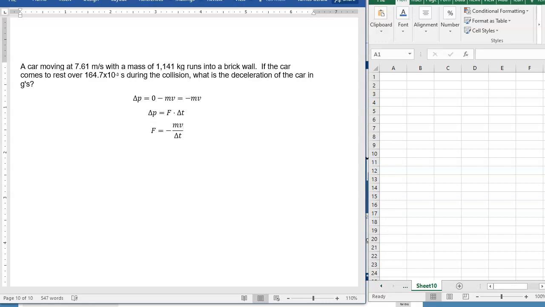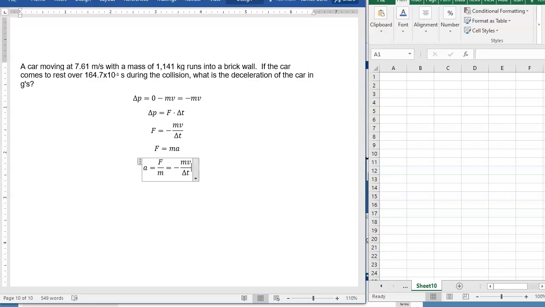Now, why am I looking for F? Well, I'm asked for acceleration. So if you put your way back hat on and go back just a couple of weeks into the class, you remember F equals ma. And so we're after the acceleration, which is F over m, which in this case is minus mv over delta t, right?